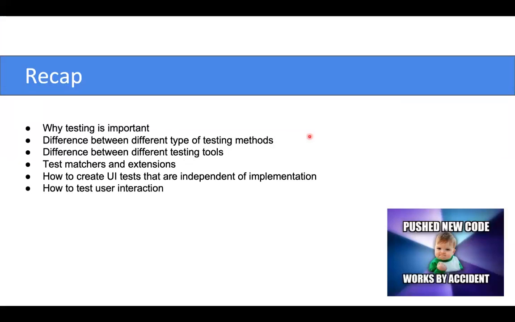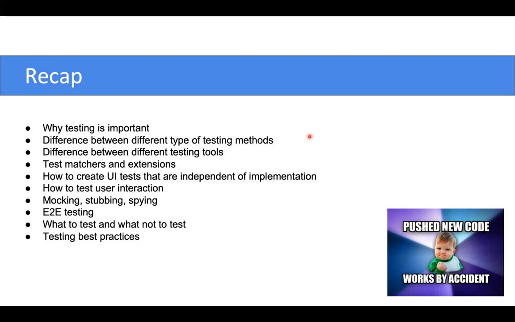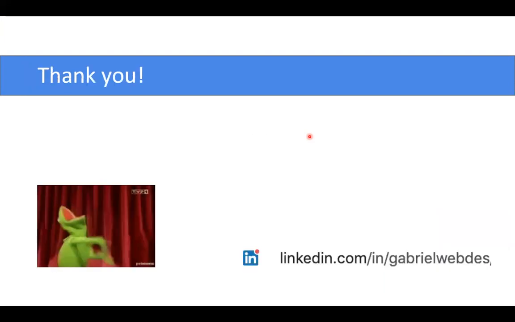We talked about how to test user interaction, about mocking, stubbing, and spying, and what's the difference between them. And we also talked about end-to-end testing, which can be of two types, UI end-to-end testing and backend API testing. We talked about what to test and what not to test, and testing best practices as well. So let's hear any questions that there might be.